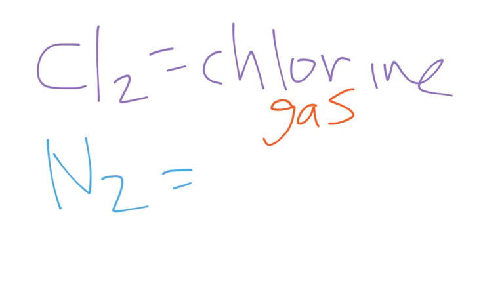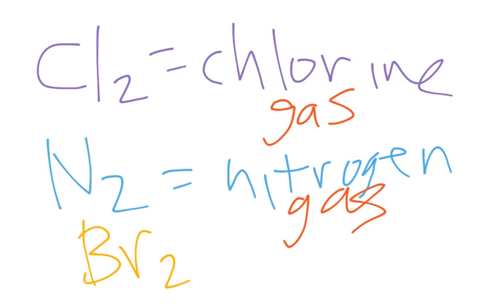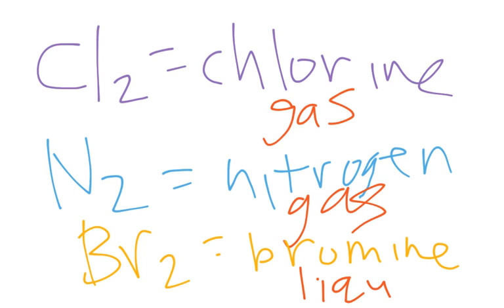This is just called nitrogen, and you could add gas if you'd like. What about Br2? We could call this bromine, or add the state, bromine liquid, if you'd like.